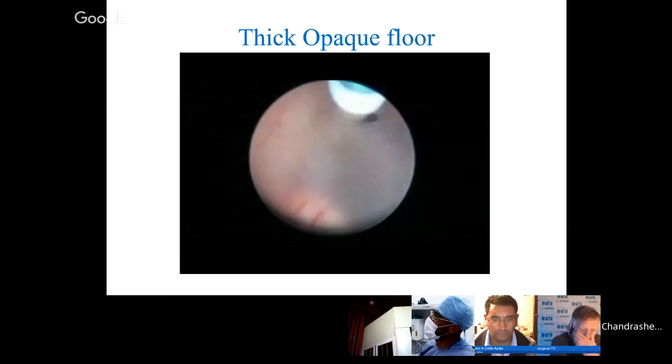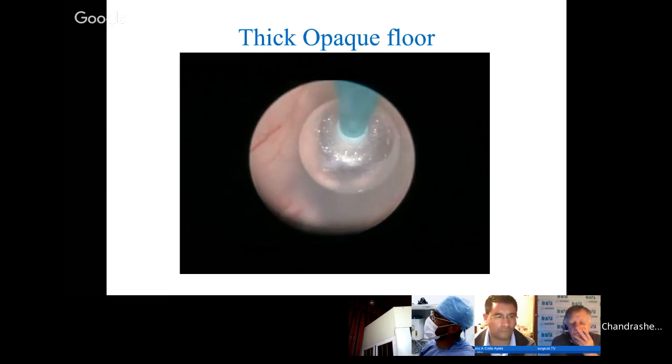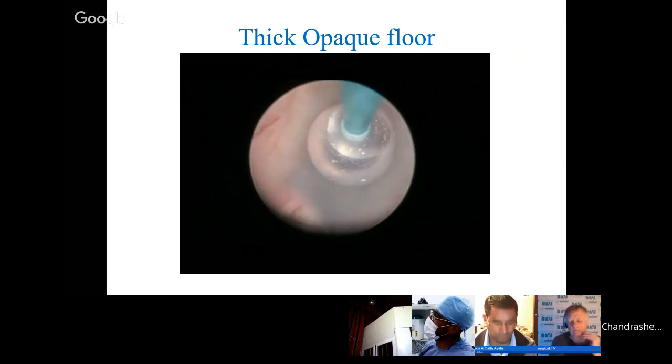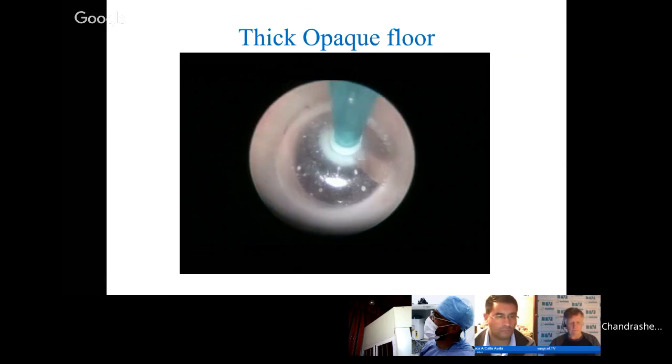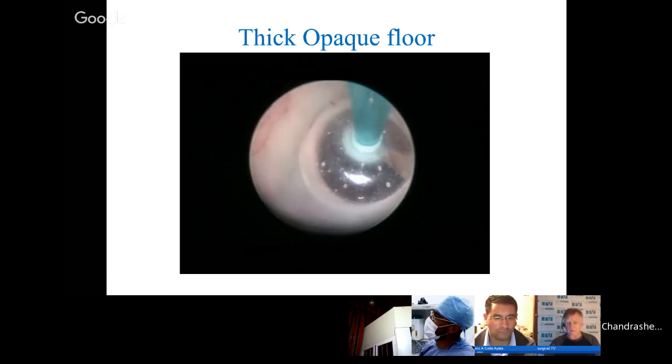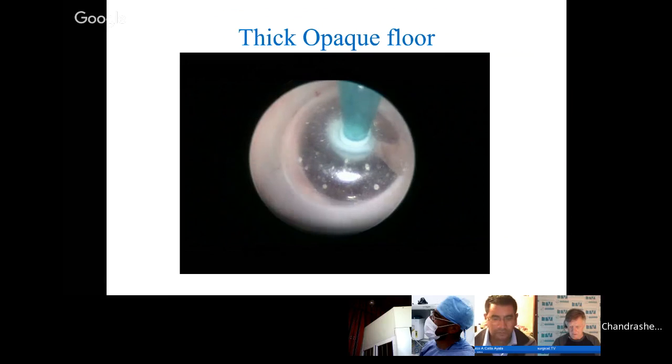What happens in a thick floor? We have seen one example. This is another example. Again, feel the clivus. Gently slide down the clivus with your blunt instrument, which typically, as I said, is our monopolar coagulation. And then put the balloon and blow the balloon over there, and try to get a 3 to 4 millimeter opening into this layer.